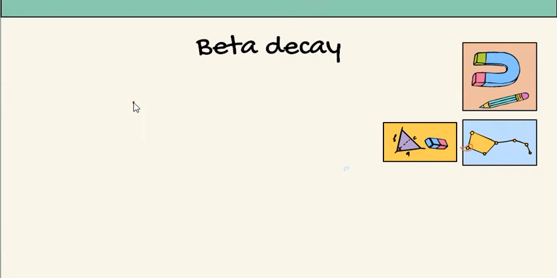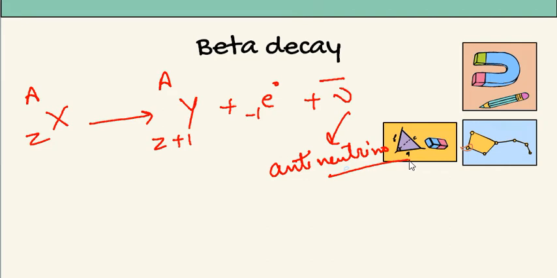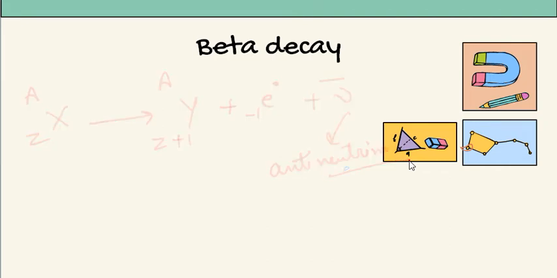If we want to indicate this decay with the help of a general formula, we indicate it like this: atomic number increases by 1, and an electron is emitted plus one more particle, called the antineutrino. In beta negative decay, an antineutrino is emitted, and in beta positive decay, a neutrino is emitted.